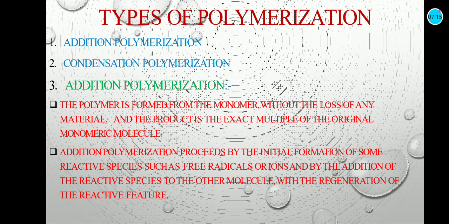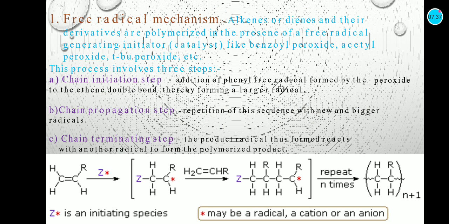Addition polymerization is a process by the initial formation of some reactive species such as free radicals or ions, and by the adding of the reactive species to another molecule with the regeneration of the reactive features.